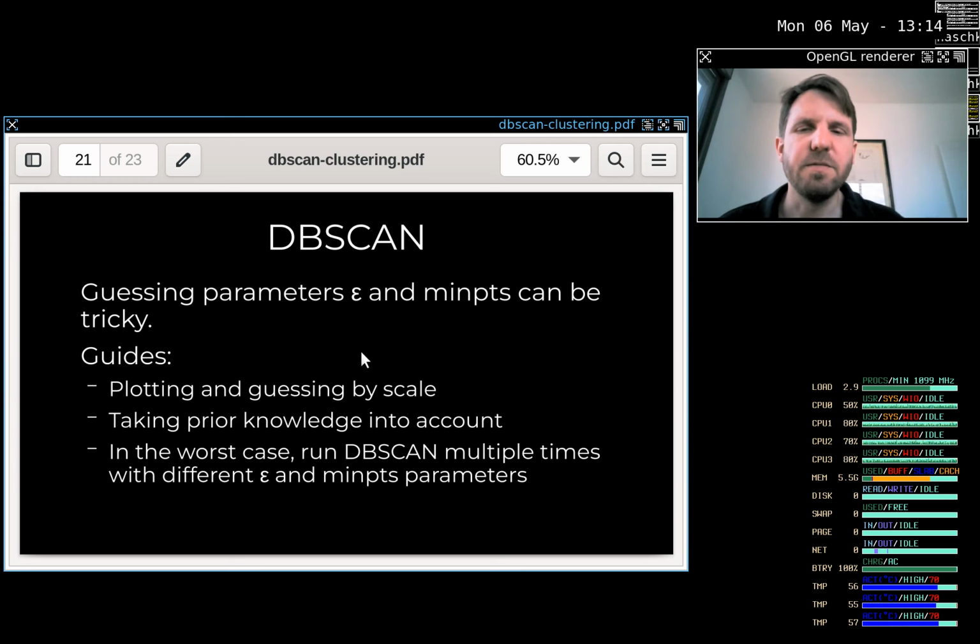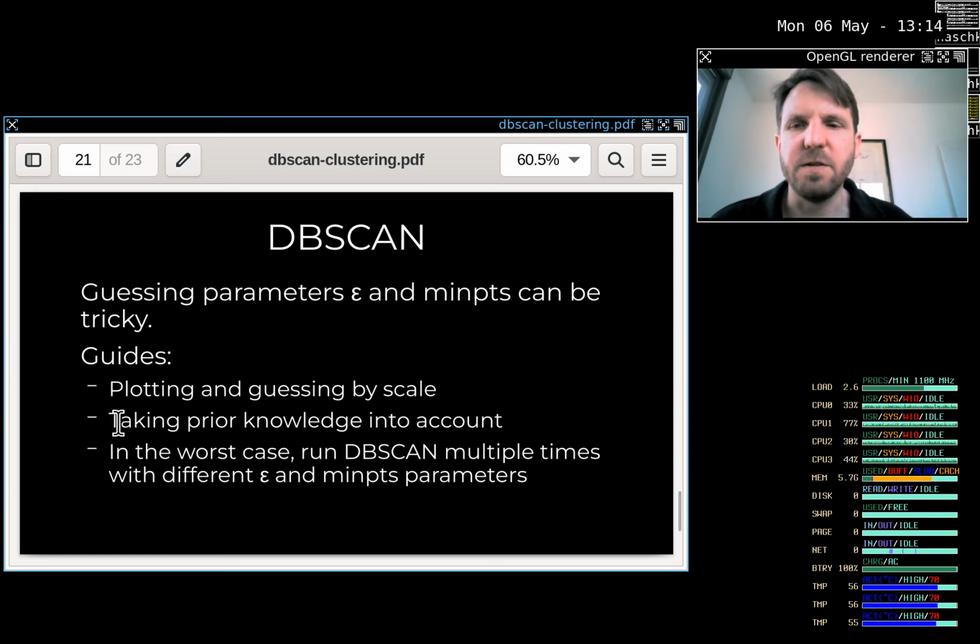But if it's a two-dimensional dataset, you can just plot it out and guess the scales by watching the dataset. Otherwise, you can calculate, for instance, the mean of the distances of all objects and some kind of standard deviation in order to get a feeling of how the distances in your dataset are distributed, and in order to select a nice epsilon parameter.